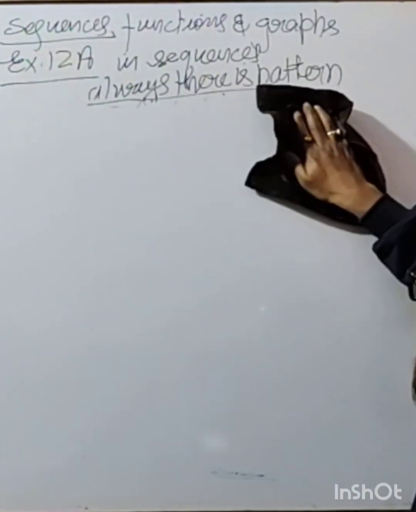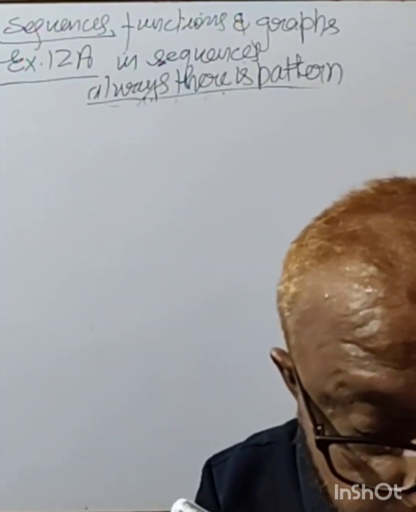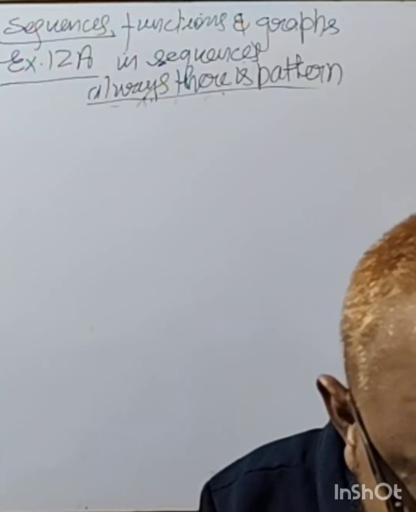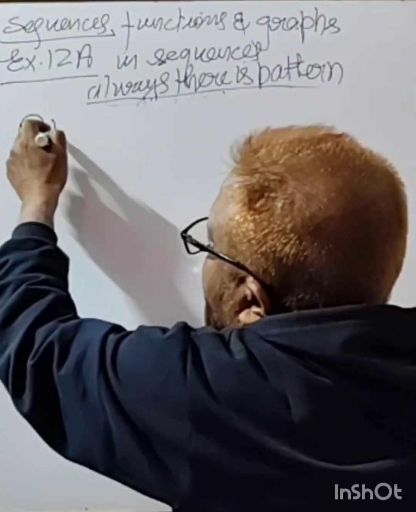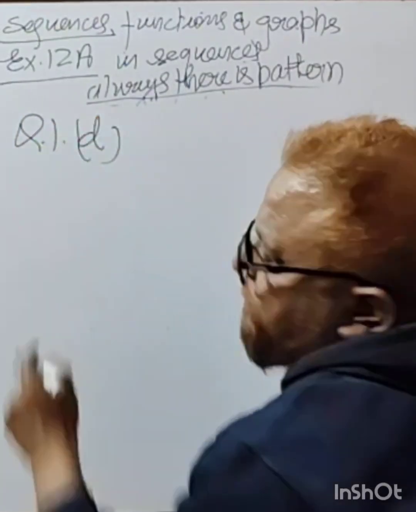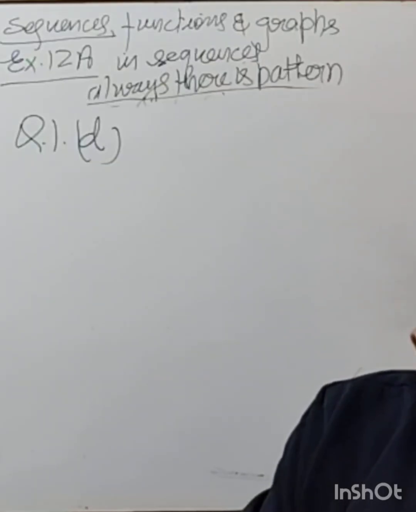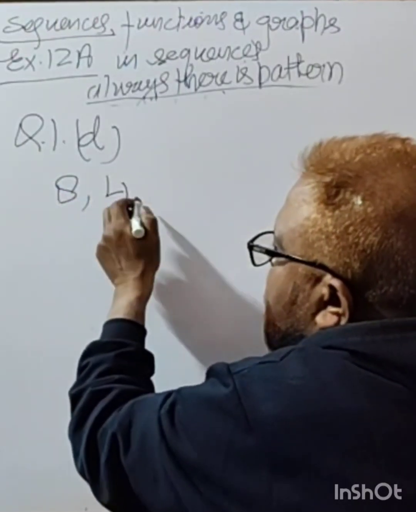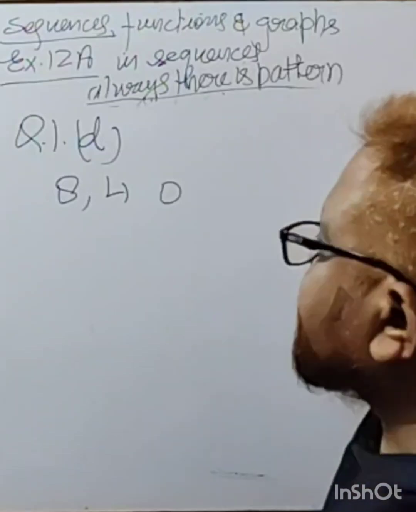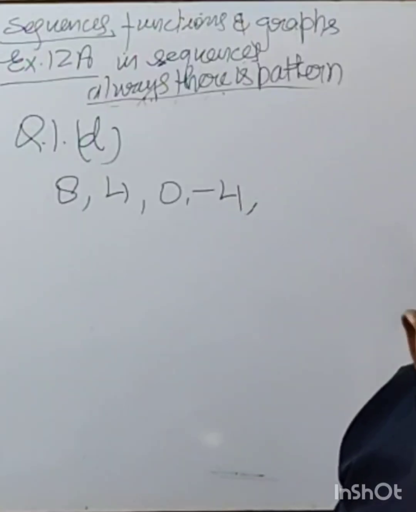So now we have another question, that is question number 1D, right? The question is 8, 4, 0, -4, -8.